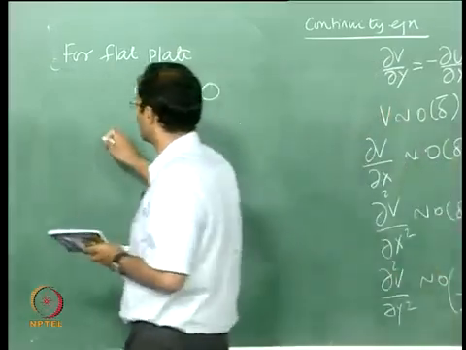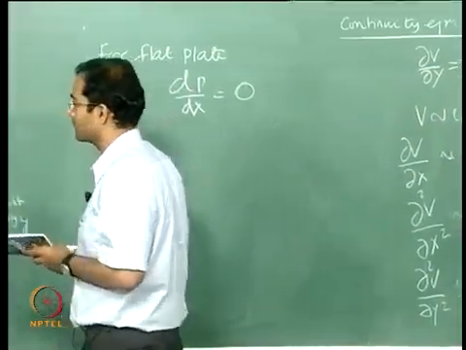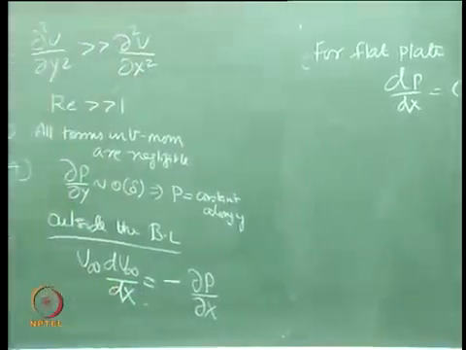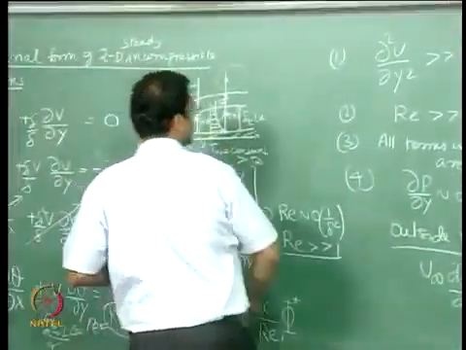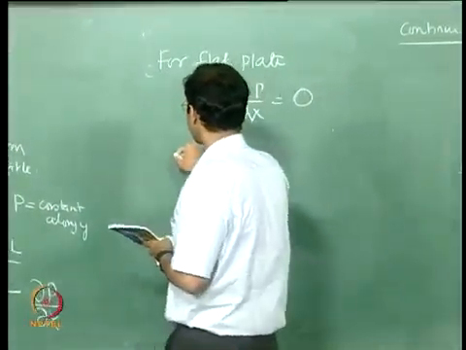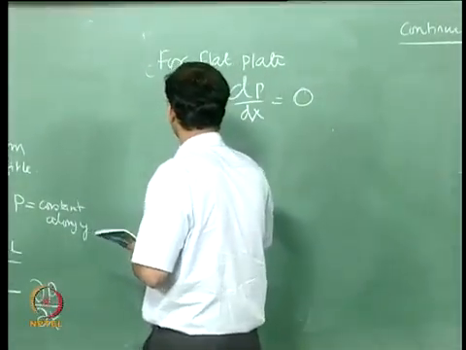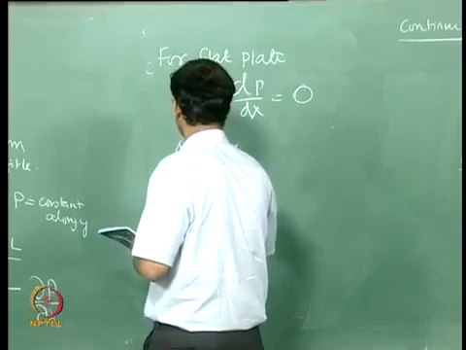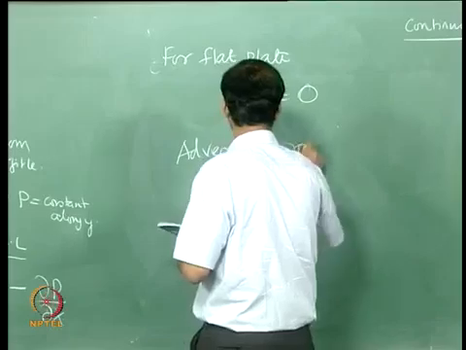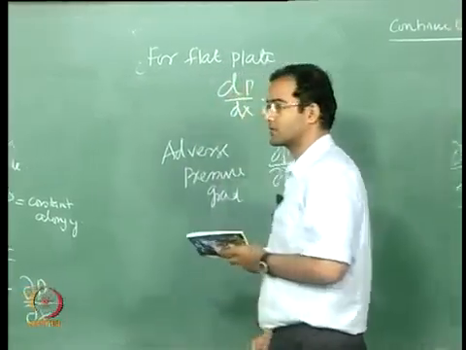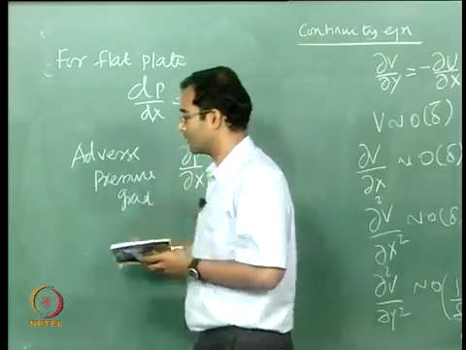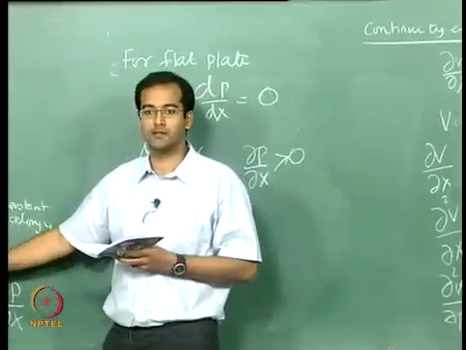For cases where your free stream velocity varies, so if your free stream velocity is a function of x, you can have two kinds of flows. One, if you have adverse pressure gradient, in this case your pressure should keep increasing, so dp by dx should be greater than 0, therefore your velocity will keep decreasing.